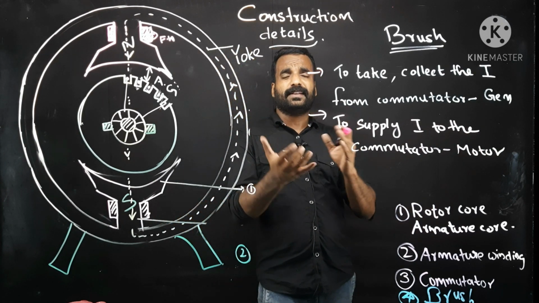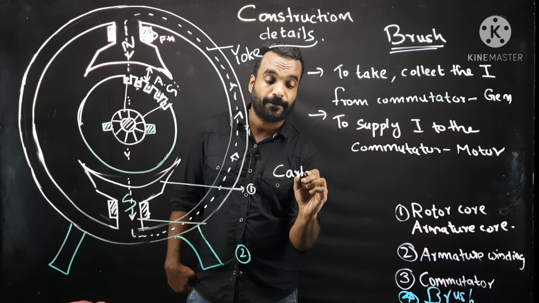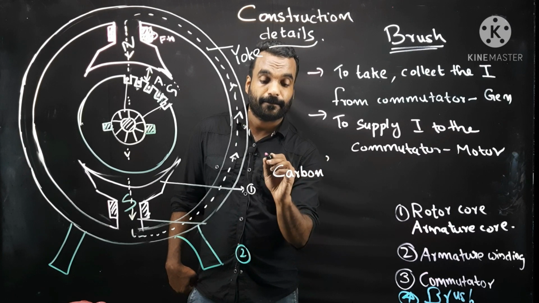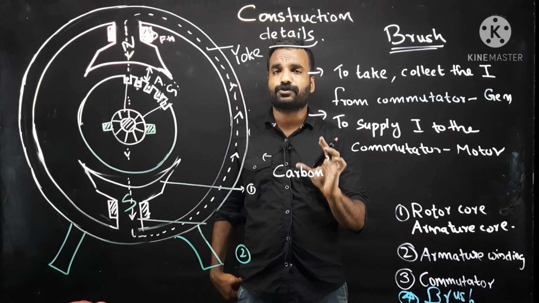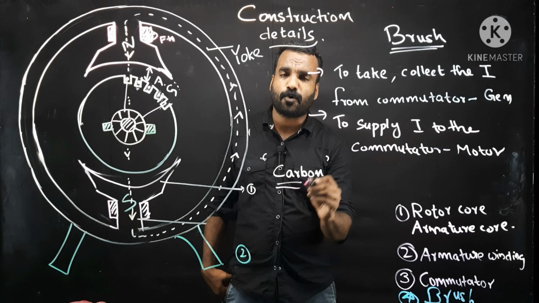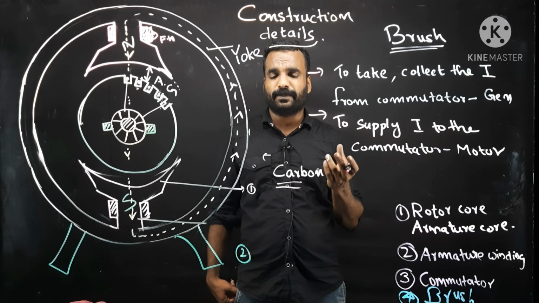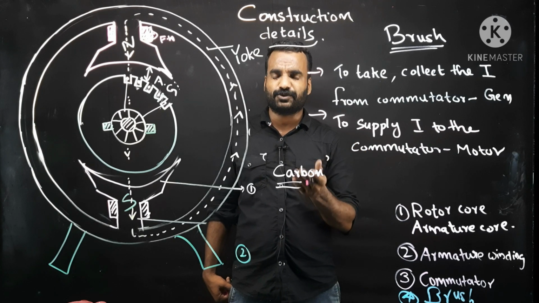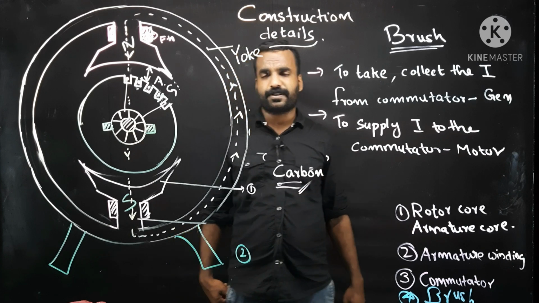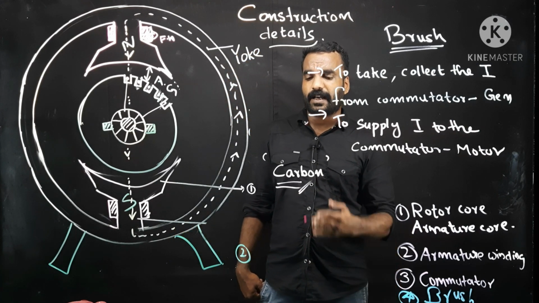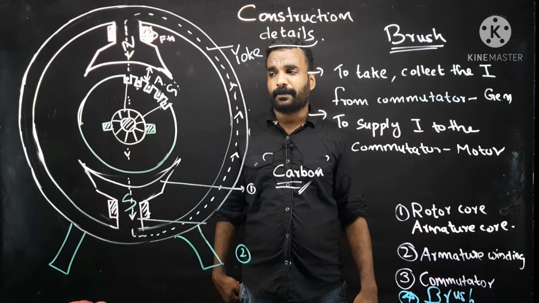Now, what is the material we are using to make the brush? Generally used material is carbon. For small rated machines, in your home you can see inside the mixie, small ranges, you can see carbon brush. So, carbon brush is the most common brush. It has good self-lubricating properties. That's why we generally use carbon.